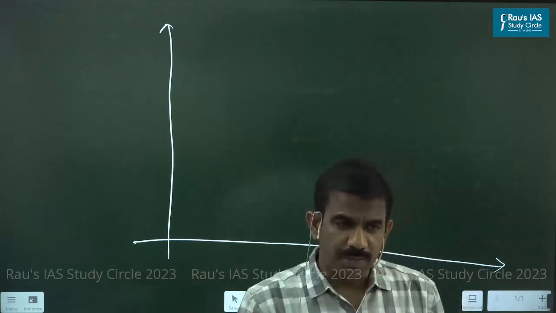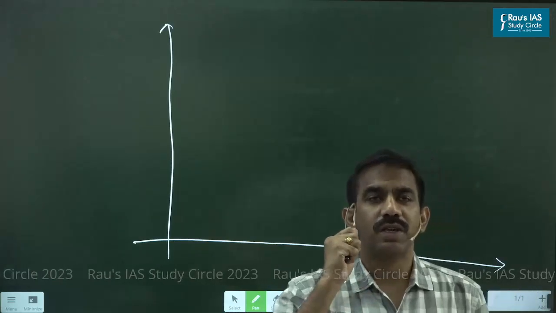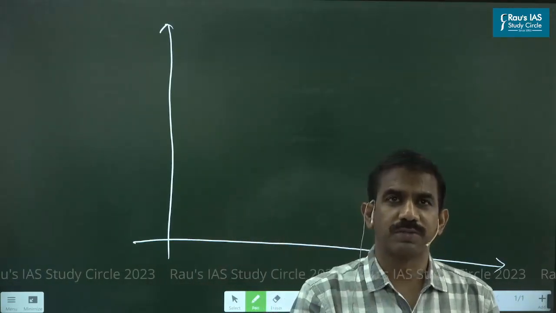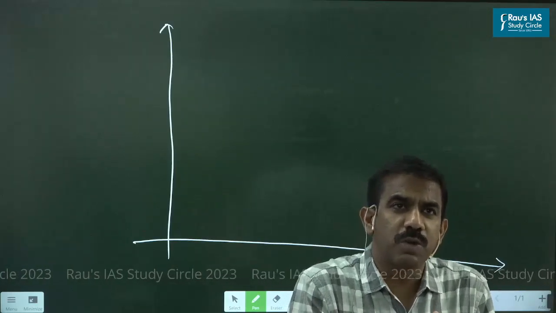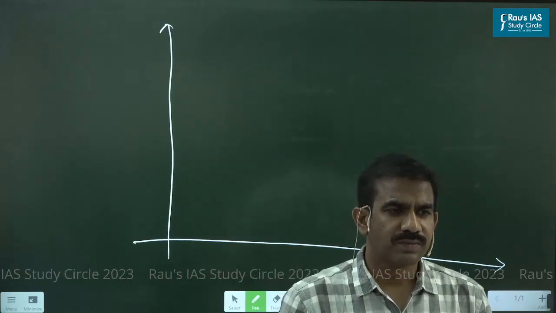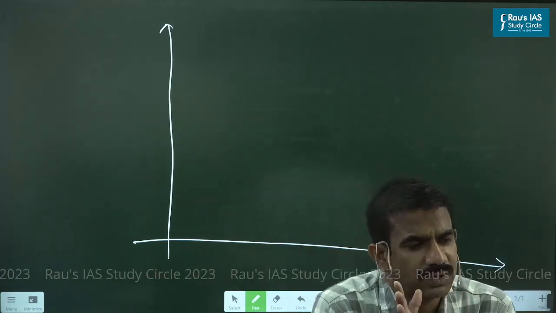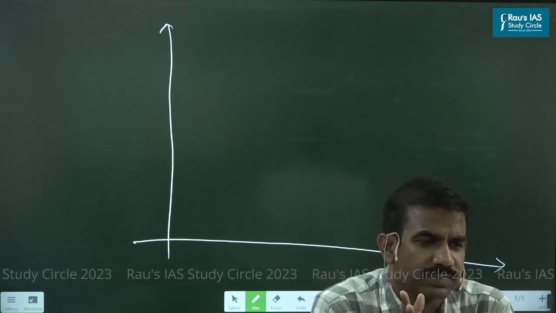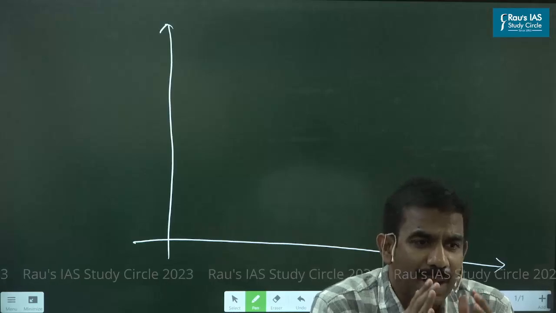But to make things simple and to understand economics, generally we have this practice. Later in the coming sessions, we'll discuss various economic models. And what is a model? What do you mean by an economic model? Yes, a representation of economic reality.